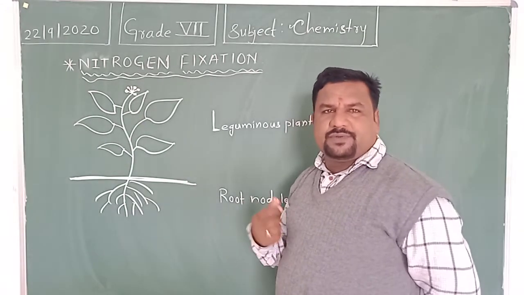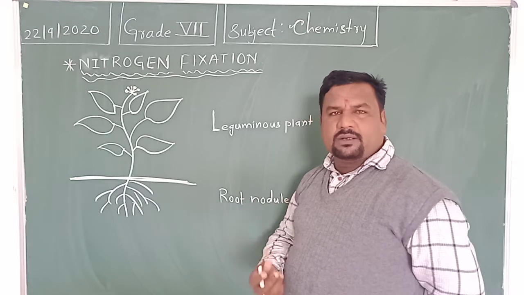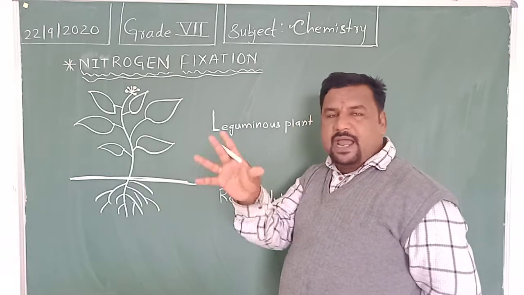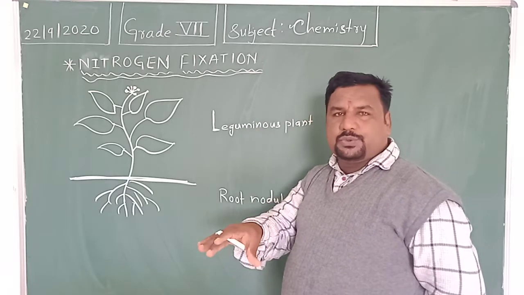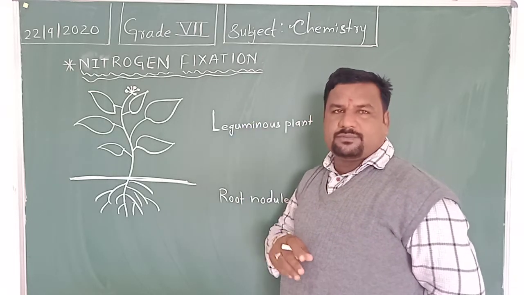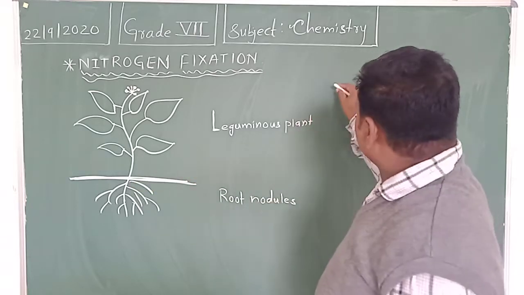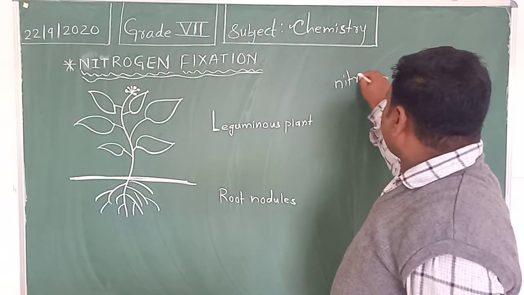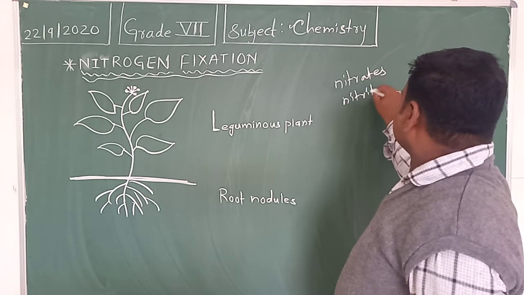What is nitrogen fixation? How can we define this term? The phenomenon in which free atmospheric nitrogen is converted into its compounds. What are the compounds of nitrogen? Nitrates and nitrites.